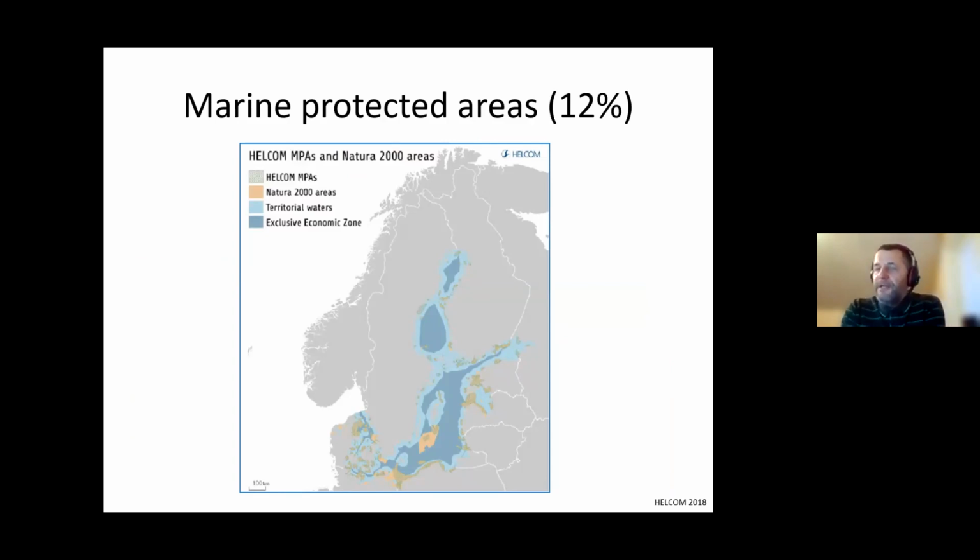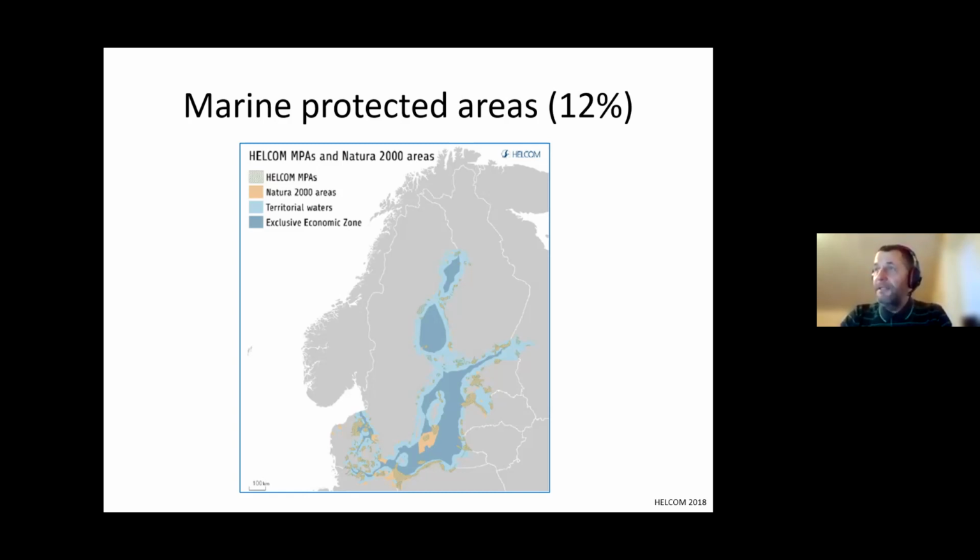So a few words on marine protected areas, because humans are affecting the Baltic Sea and also oceans globally quite heavily. You would also need to talk about protection and habitat protection and species protection.